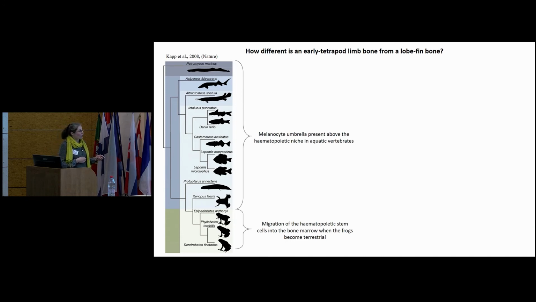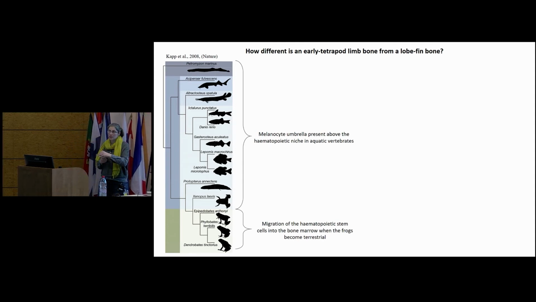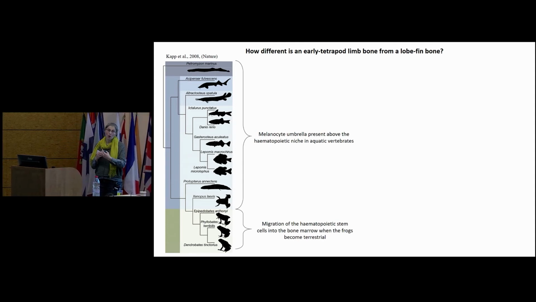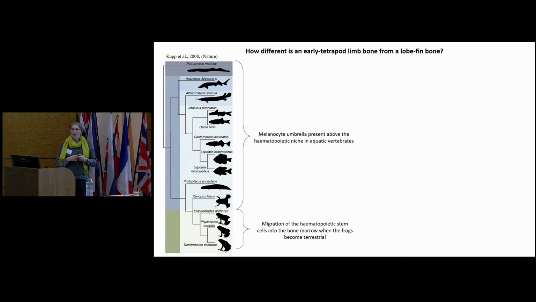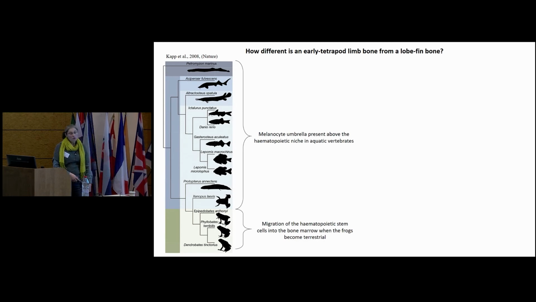And as far as they were looking at amphibious frogs, so these frogs which go from the water up to land, they were seeing a migration of these hematopoietic stem cells from the kidney and the liver, where the melanocytes could protect them, into the bone marrow.